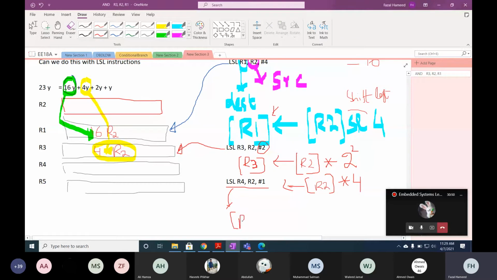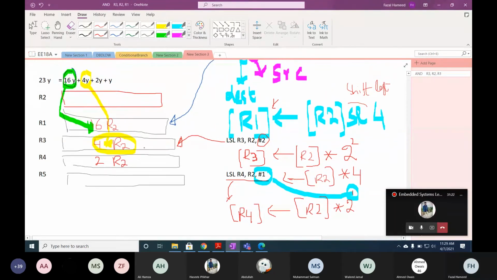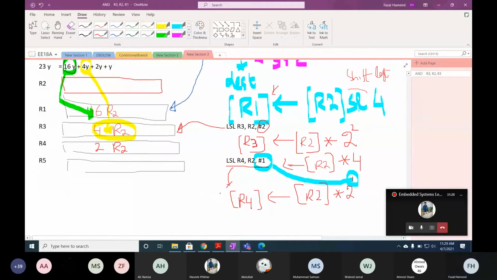The contents of R4 will be equal to the contents of R2 multiplied by 2 to the power 1. That is multiplying with 2. So the contents of R4 are now 2R2.